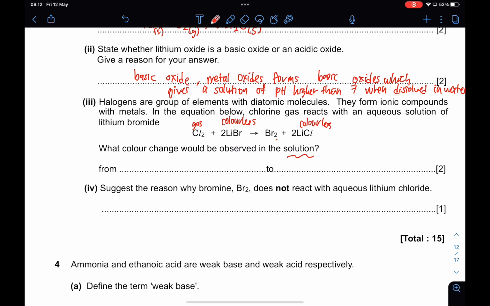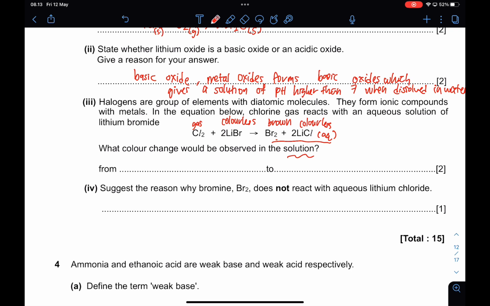In this case, lithium chloride is also colorless, but bromine, since this is an aqueous solution, some of the bromine gas can mix with water and give you bromine solution. Bromine solution is going to be brown or orange in color.